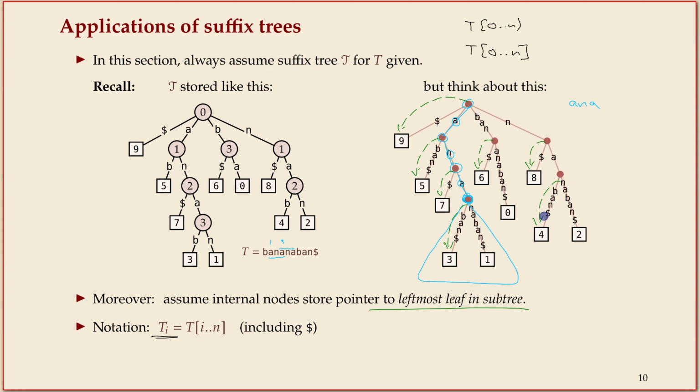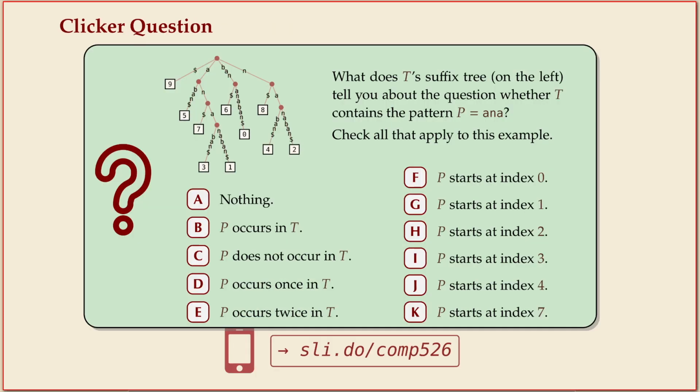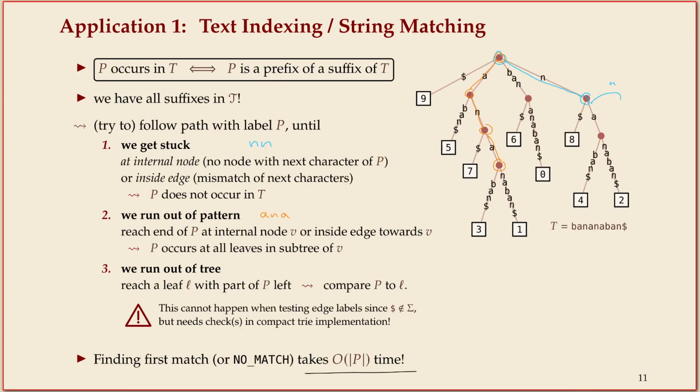It increases the space by a constant factor, but it's still linear in the length of the text. And so when we come back to this case here, when we read A and A, there's a pointer that we can follow in constant time to find the first match or some match.